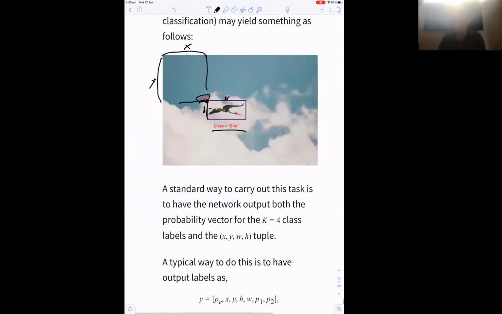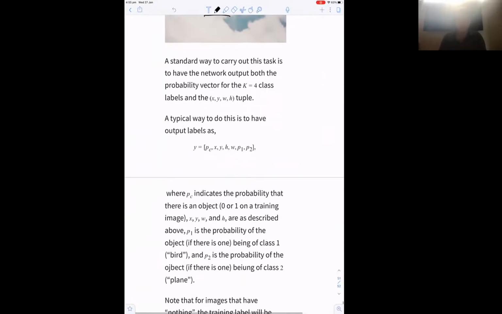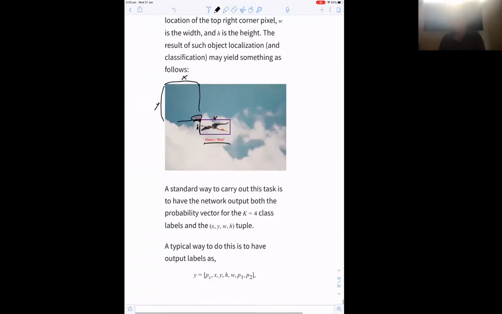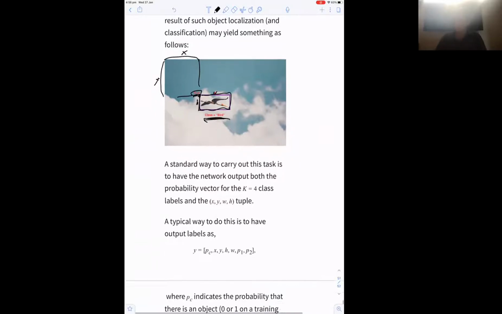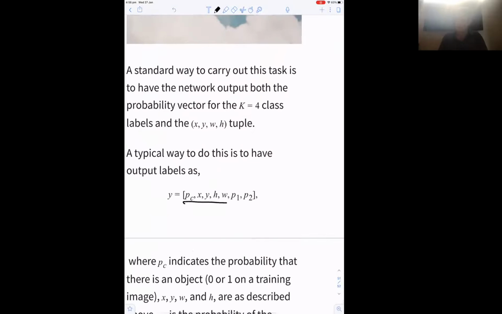Now, the thing is, and we put this here just so you see that it's simple, it's actually not so hard to train such things if you have training data where you actually have bounding boxes. If you had image data that had both the classes and the bounding boxes, it's not so hard to train. One way to do this would be to have the output label be this 7-vector, where PC would be the probability of whether there is something or not.